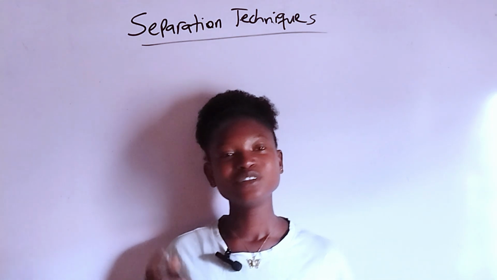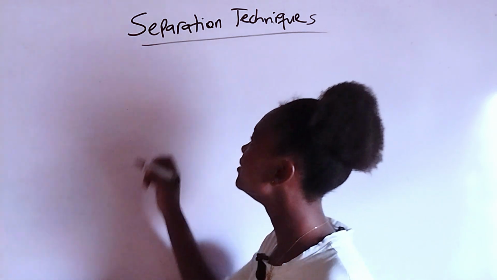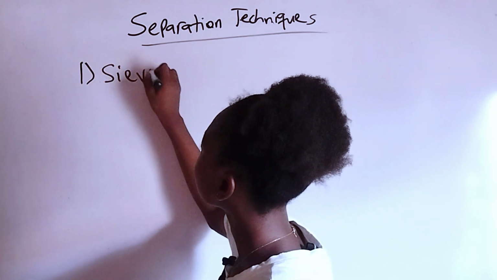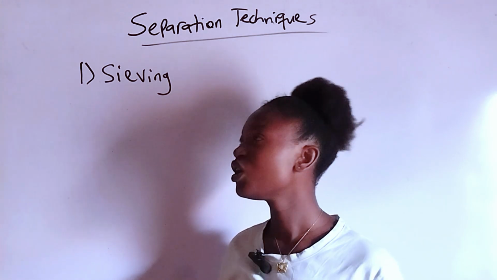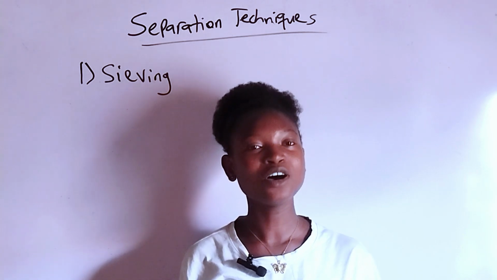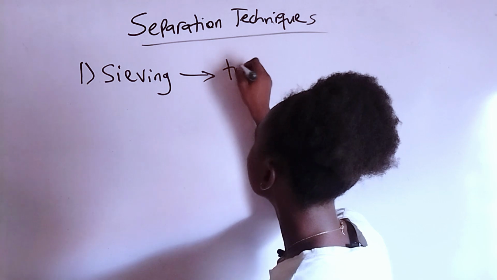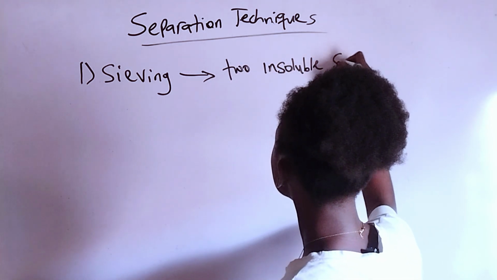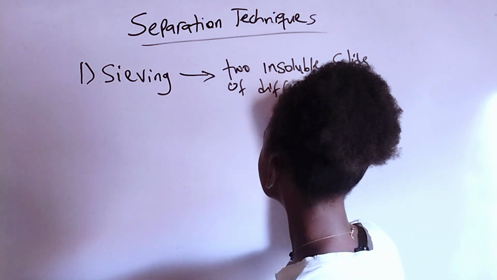Let's find out. The first method that we can use to separate our mixture is, number one, sieving. Sieving method is a separation technique by which we can separate two insoluble solids of different sizes.